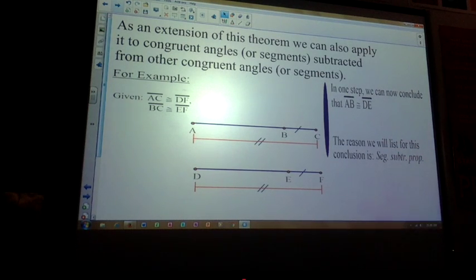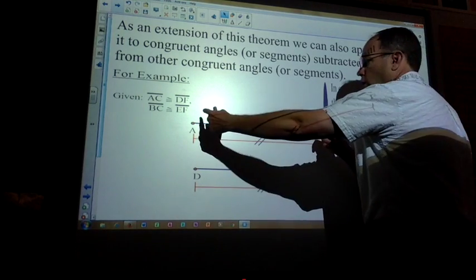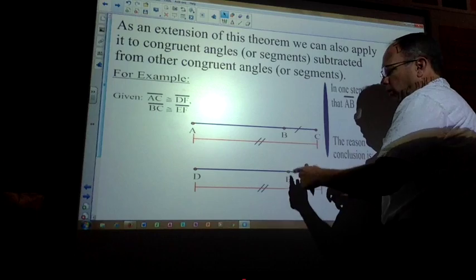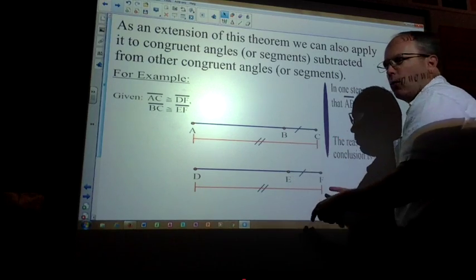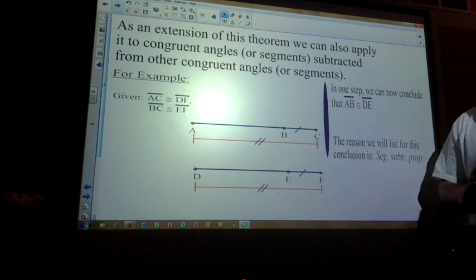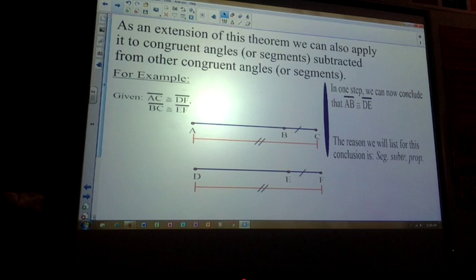Segment addition, the opposite of that is segment subtraction. We had the whole and the whole equal. We had the part and the part equal. If I take the part and the part away, then I get the other part and the other part equal, or congruent, to each other.